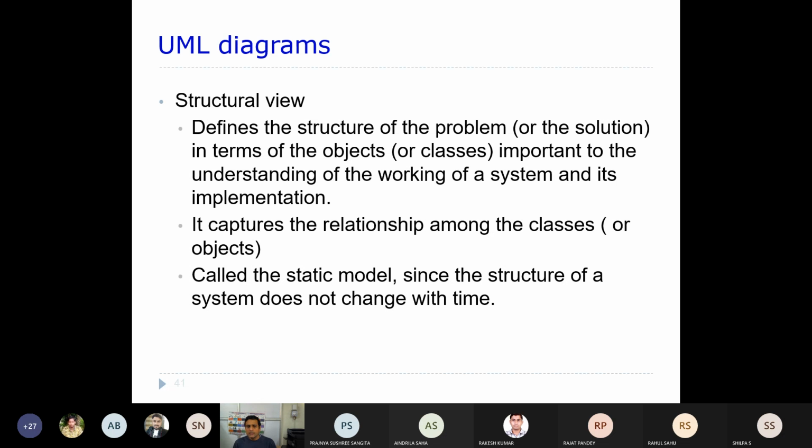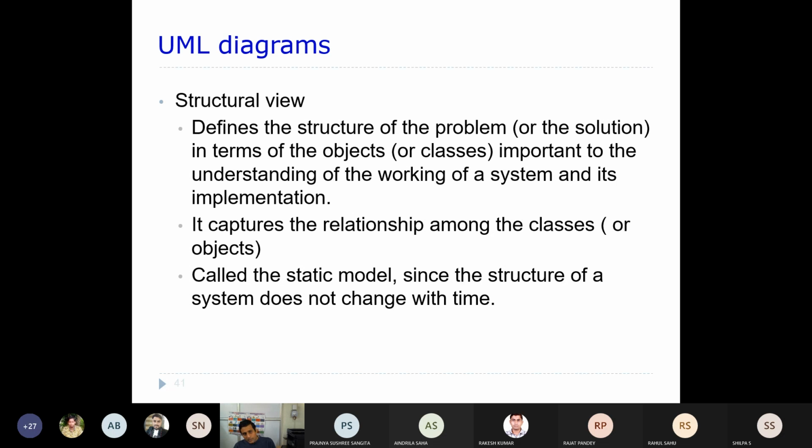Here we only see what the different classes are and how they are related to each other, and that is all that is represented. That is the reason it is called the static model. It is not a dynamic model. It is not going to change over time. The structure of the system will not change over time.